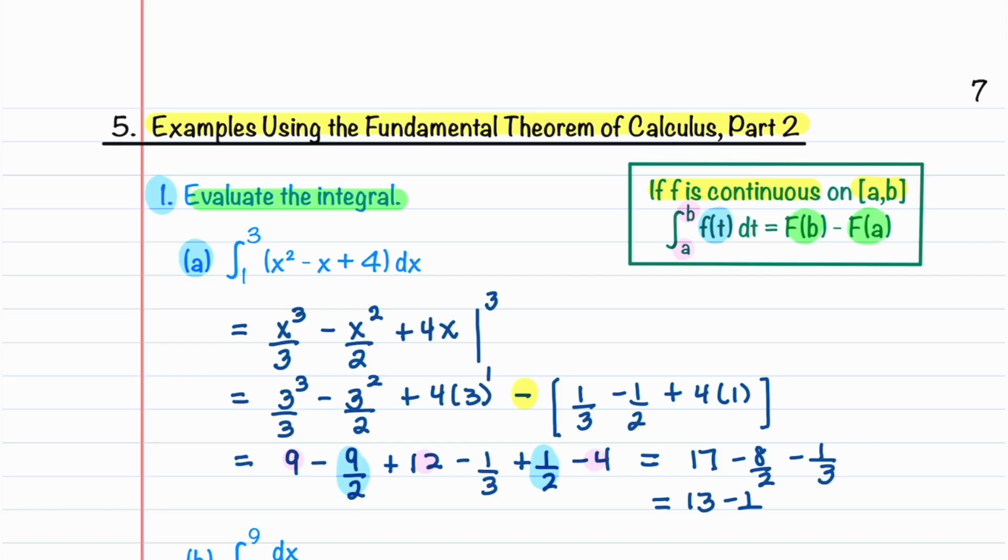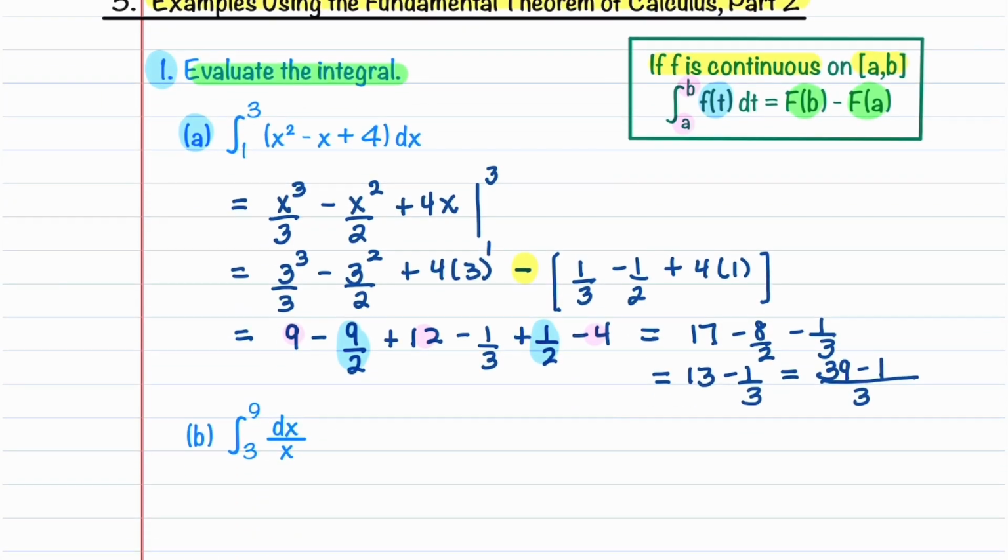And then we have minus 1/3. Let's get a common denominator of 3. 3 times 13 is 39, so we have 39 minus 1. And this gives us a value of 38 divided by 3. And there's our answer. Remember that a definite integral is always equal to a number.